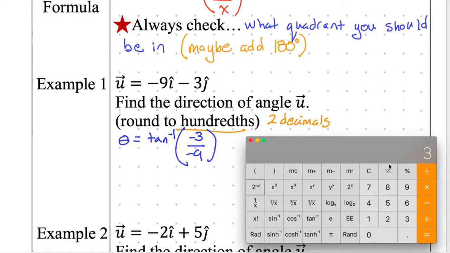I have negative 3 divided by negative 9, and that's 1/3. So you get 0.3 repeating. You're following along on your calculators, right? This is to practice for the homework. So you get negative 3 divided by negative 9, which is the same thing as 1 divided by 3. I have positive 0.333 repeating on my calculator. Do you see the same thing?